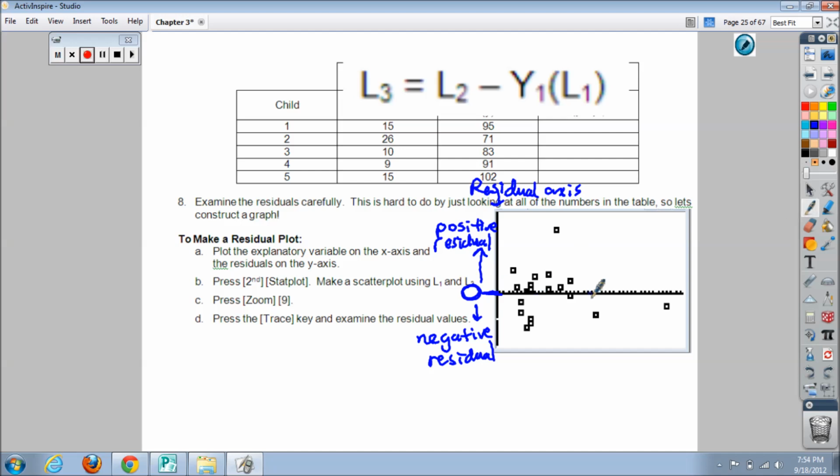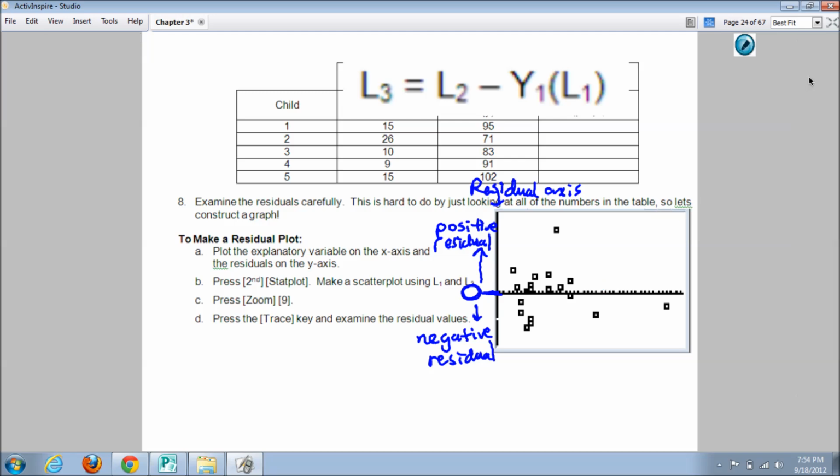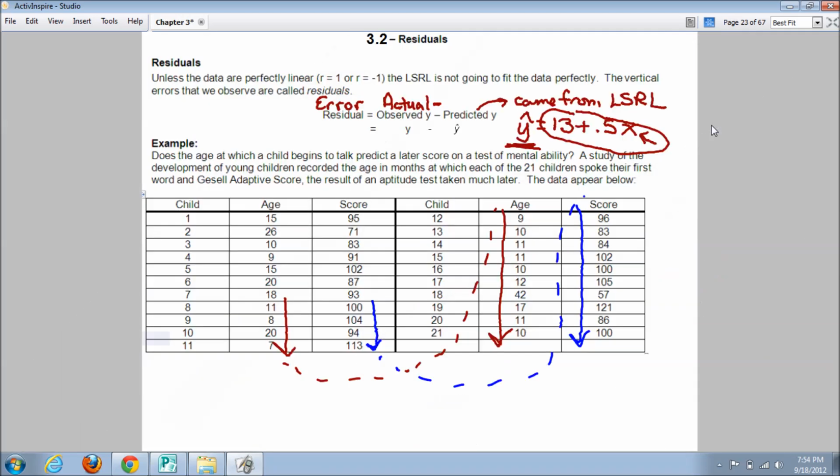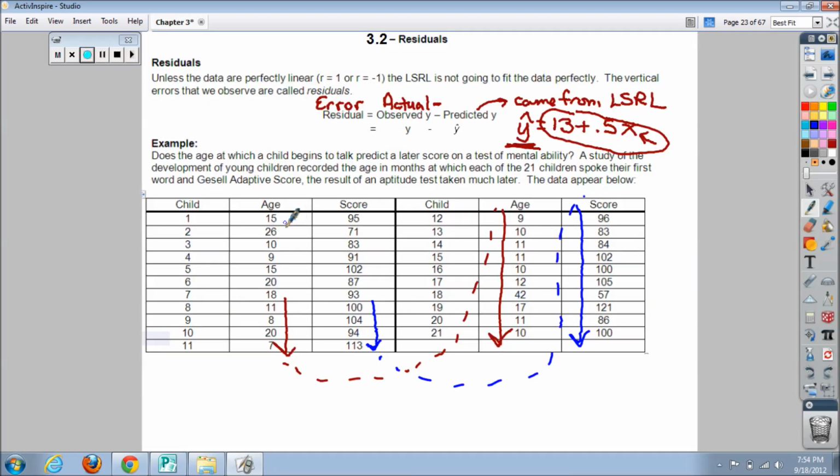So if you found where 10 was at exactly, and I don't know where it's at because my residual plot axis isn't labeled, but you would go out to the 26-month-old, which, let me jump back and take a look at our data real quick. 26 months, I believe, was one of the older kids. Really, the only older kid was that 42-month-old.